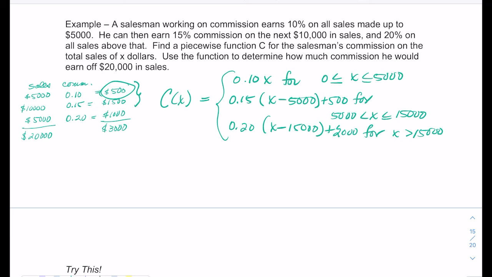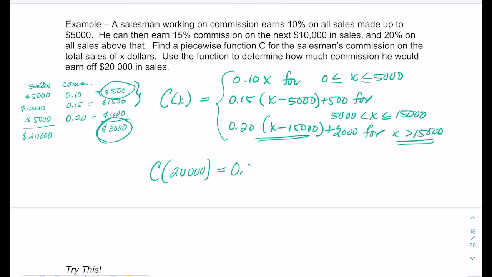Okay, so now we're going to use that to figure out how much commission he would earn off $20,000. So we already figured it out. It's 3,000. Okay, but how would you get it? So here you're just going to plug in C of 20,000. And 20,000 is greater than 15,000. So I need to plug it into this function here.